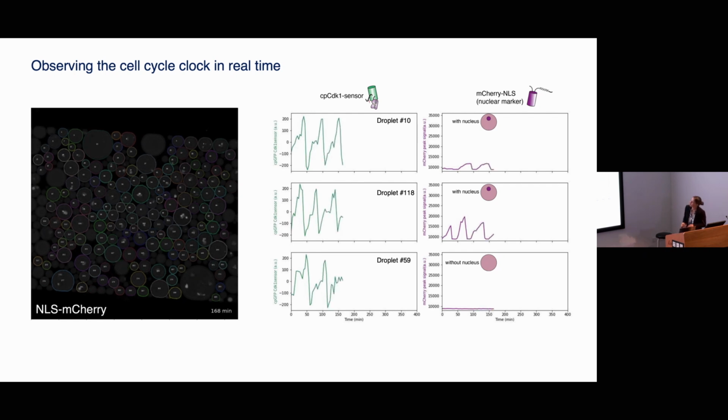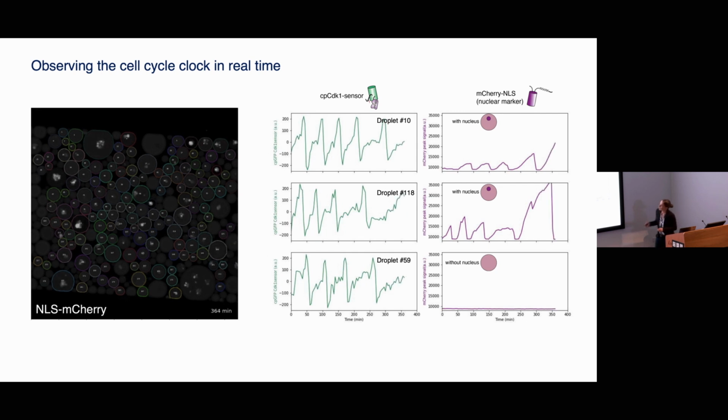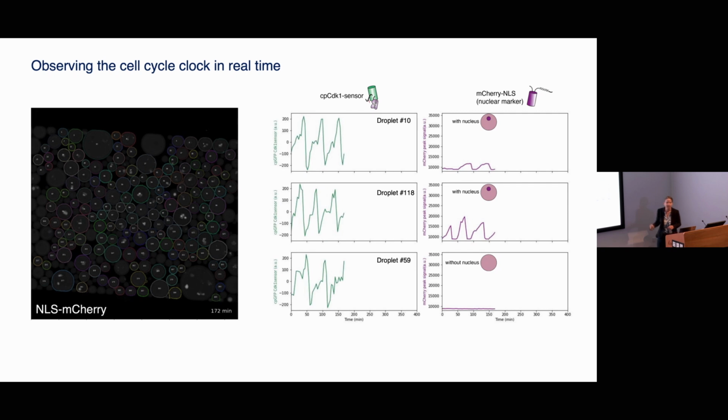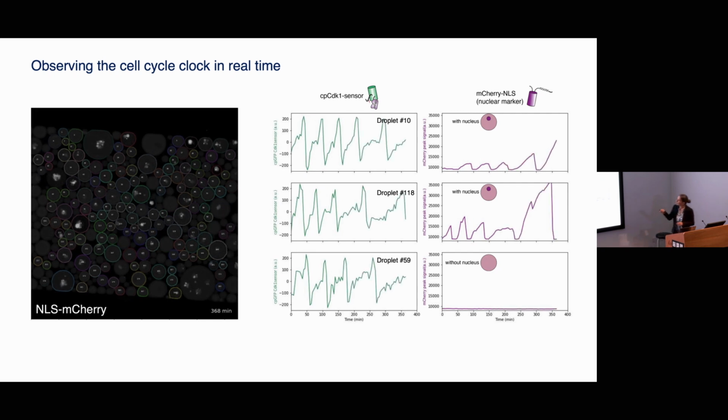And so I show you 3 different droplets here. And I hope you can appreciate that we get these beautiful oscillations in the activity of the cyclin-dependent kinase in the different droplets, which very nicely follow also when the nucleus is formed and broken down again.